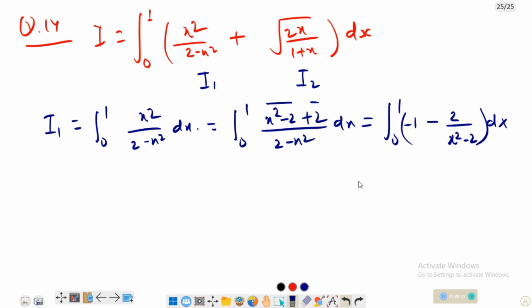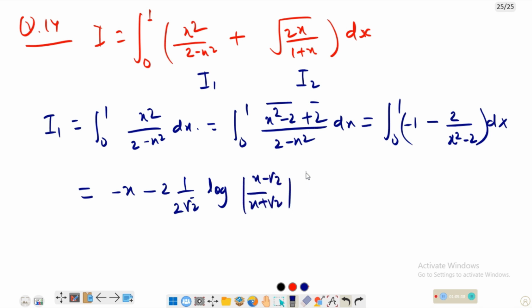Okay, so this integral is minus x and minus 2 upon 2 under root 2 log mod of x minus root 2 upon x plus root 2, okay, from 0 to 1. How did I calculate this integral?